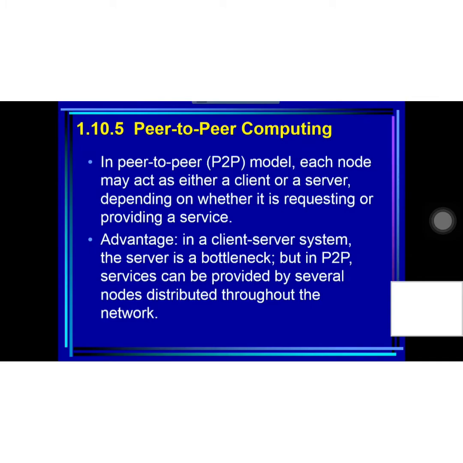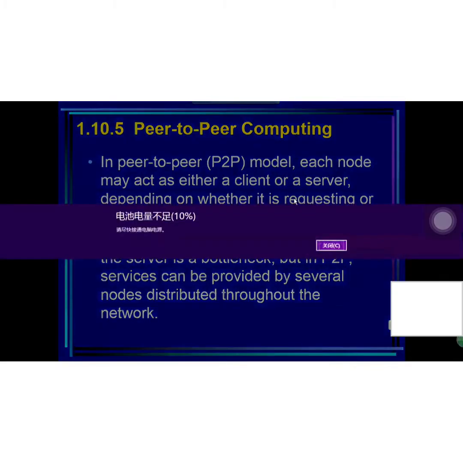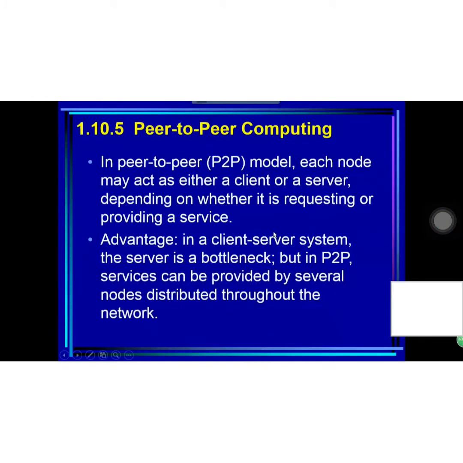Peer-to-peer systems offer an advantage over traditional client-server systems. In a client-server system, the server is a bottleneck, but in a peer-to-peer system, services can be provided by several nodes distributed throughout the network.